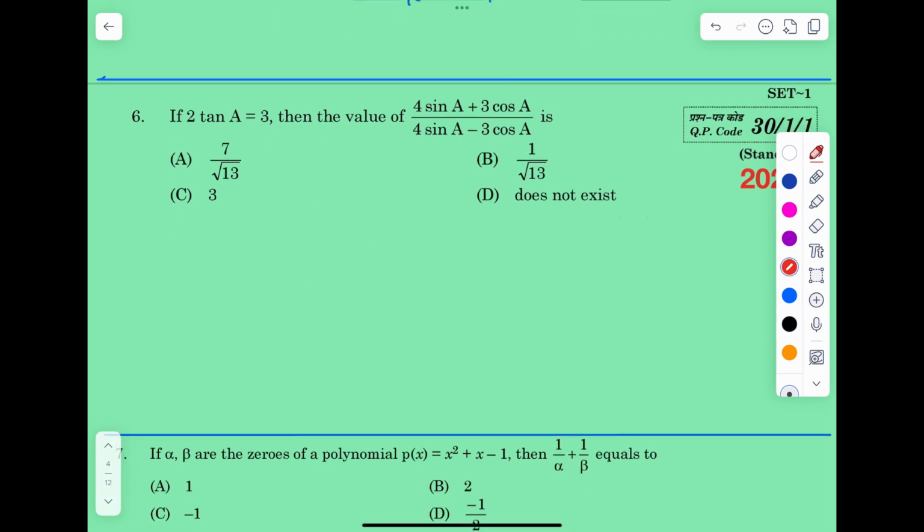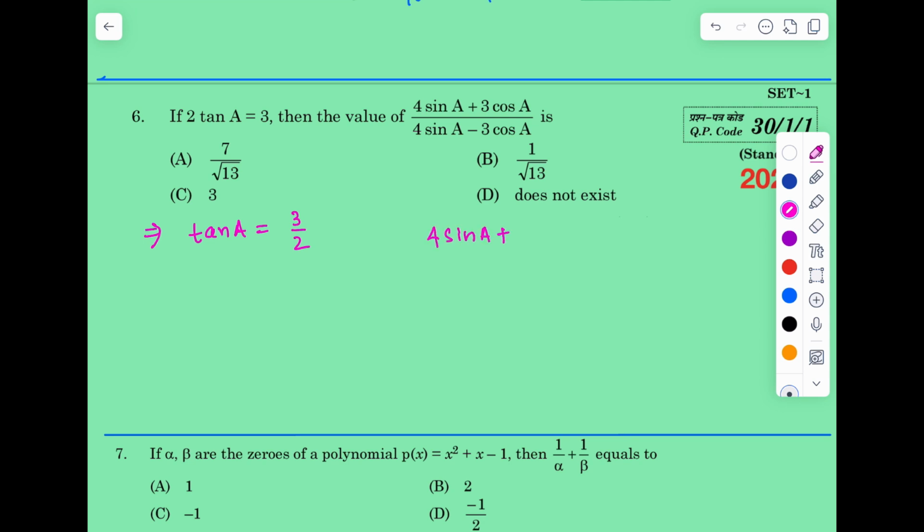Next question is question number 6. 2 tan A is equal to 3, so tan A is equal to 3 by 2.